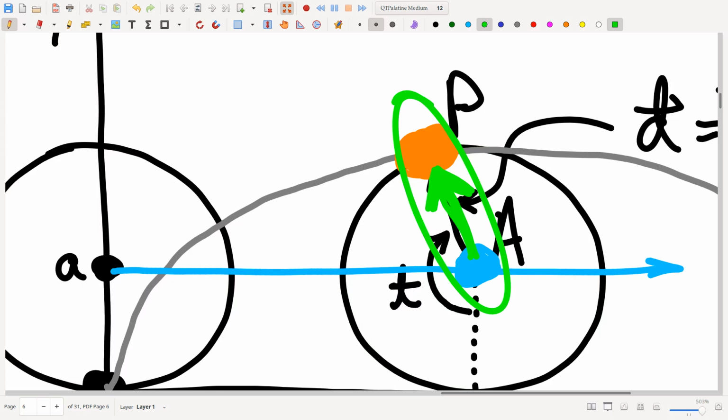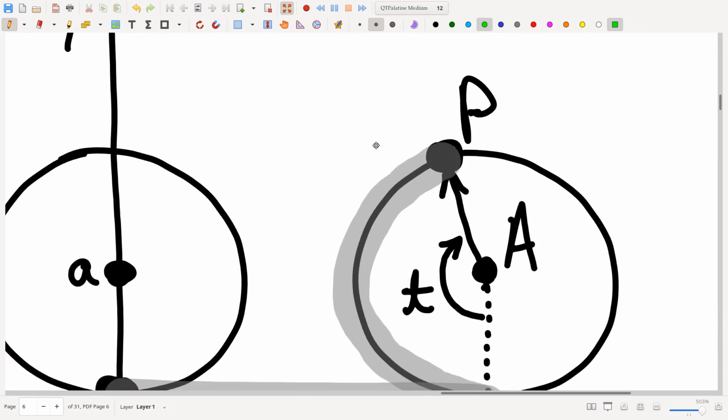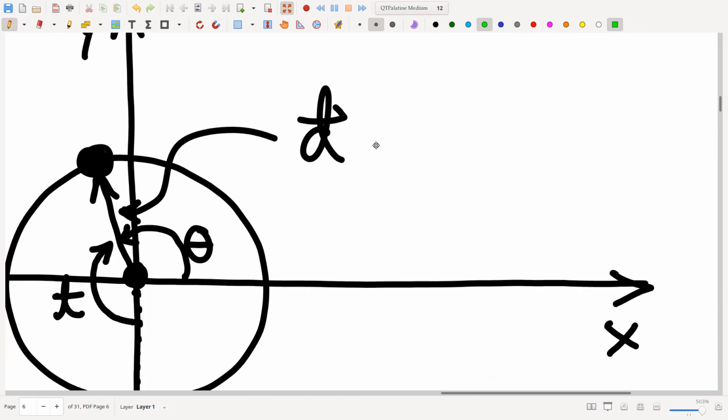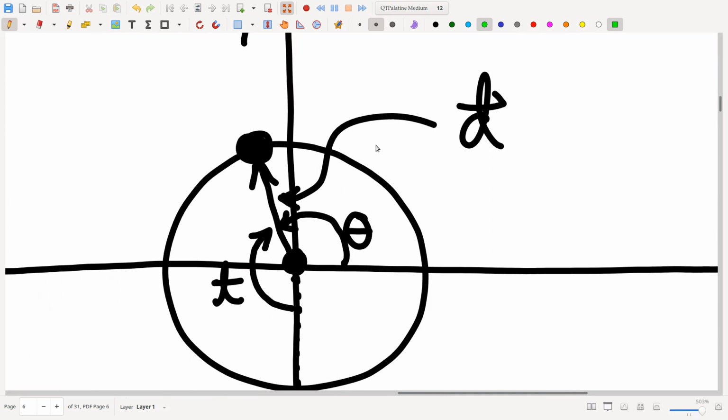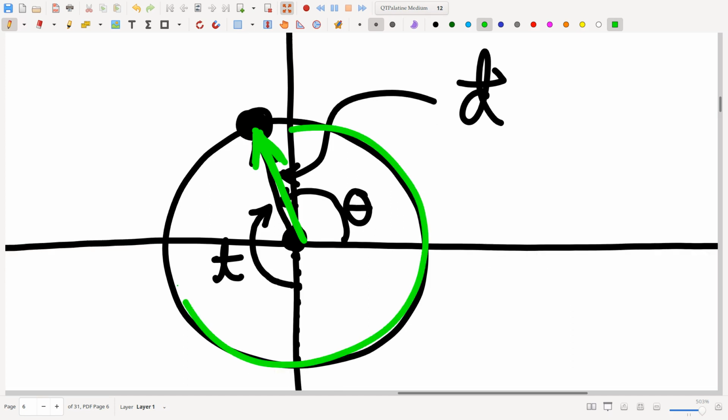Vectors do not have a location. Vectors are just direction and magnitude. That's it. So that green vector is like this. That green vector is just going around in a circle. And that's not that bad to describe either. Is everybody with me on that?